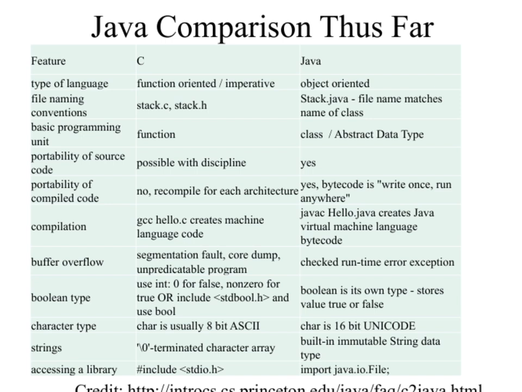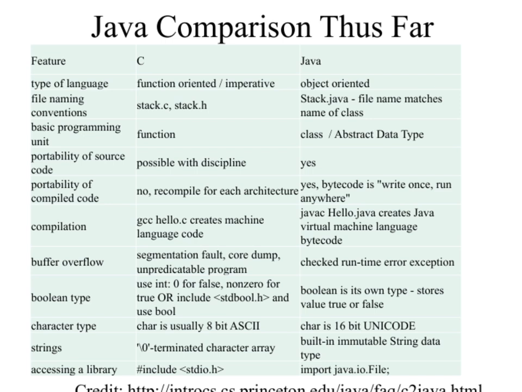For Boolean types, C uses an int, 0 for false and non-zero for true, or includes stdbool.h to use a dedicated bool type. Java has its own boolean type, which explicitly stores true or false, making code clearer and less error-prone. Regarding character types, C's char is typically 8 bits, representing ASCII characters.